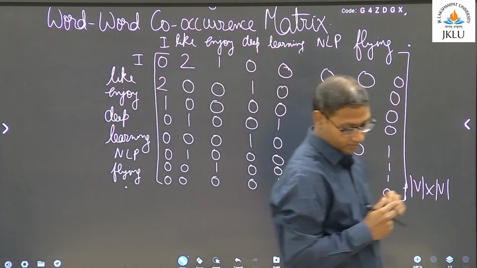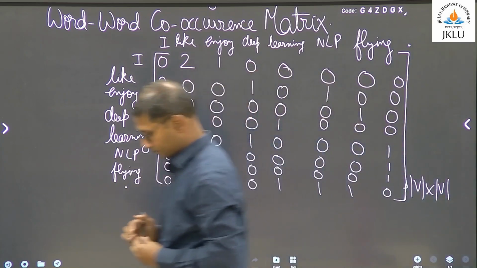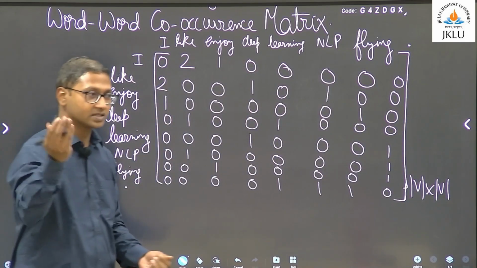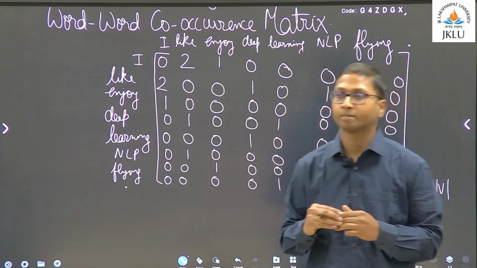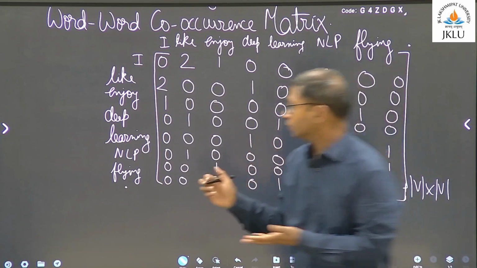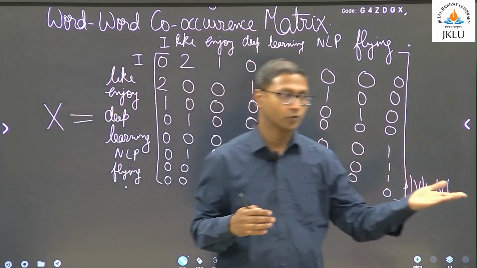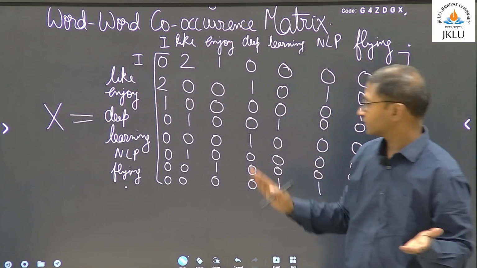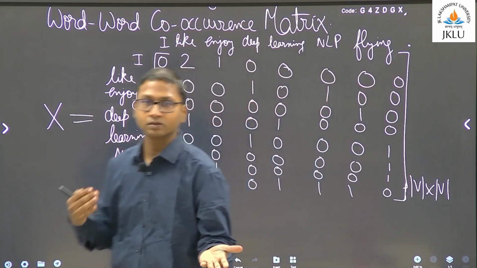What are the properties of this matrix? Is it a symmetric matrix? What is a symmetric matrix? X equal to x transpose, that's a symmetric matrix. Is it supposed to be symmetric?